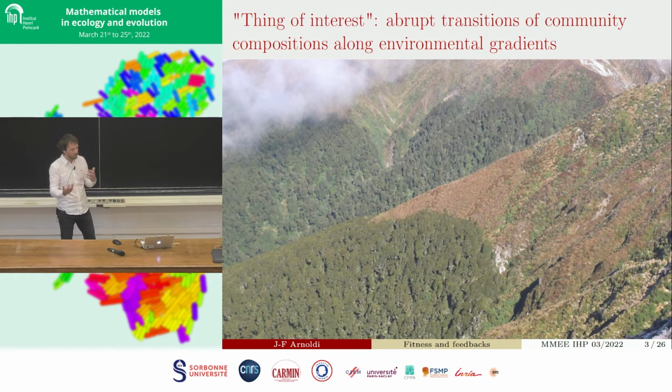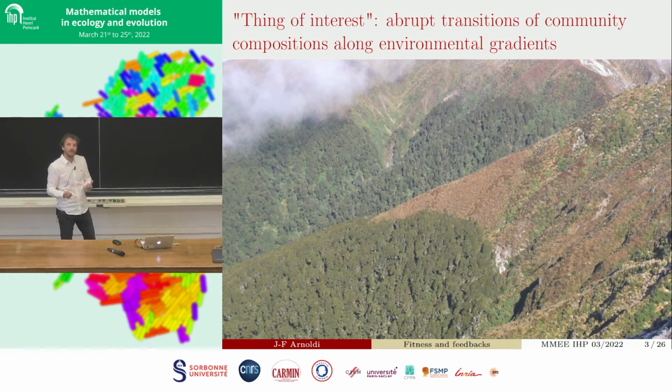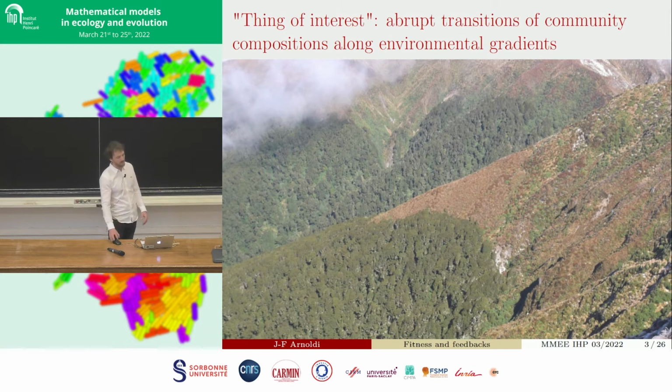And of course, you could imagine various processes that could lead to this. And again, the kind of things I'm interested in is the possibility that it is through the interactions between the various species that this occurs. So that's the thing of interest.